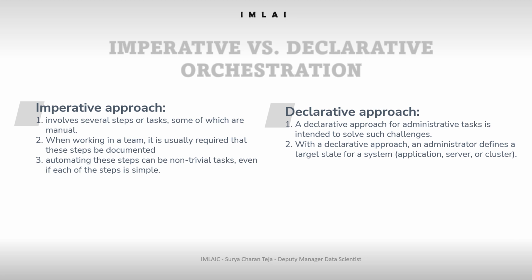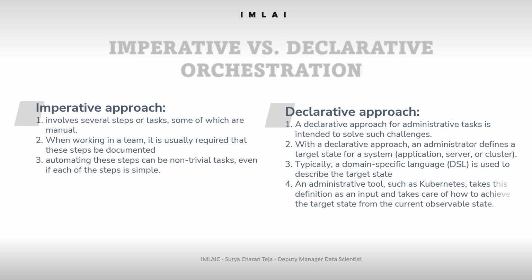So typically, a domain specific language (DSL) is used to describe the target state. And administrative tools such as Kubernetes take this definition as an input and take care of how to achieve the target state from the current observable state.